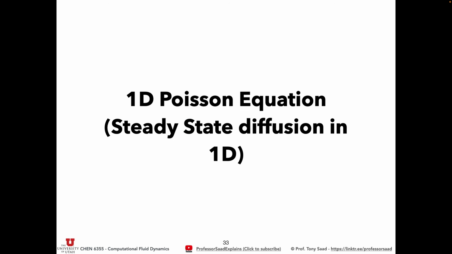So we will start with the 1D Poisson equation. Remember, we wanted to do the Poisson equation for the pressure. We're going to do that in 1D and 2D, so we'll start with 1D. The Poisson equation is nothing more than a steady state heat transfer, or steady state diffusion. In this case, it's going to be 1D.